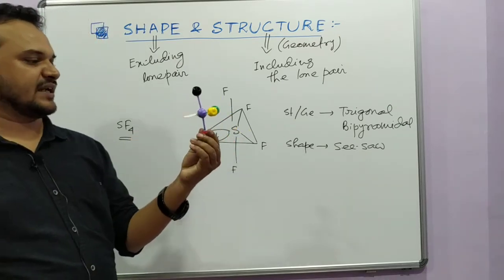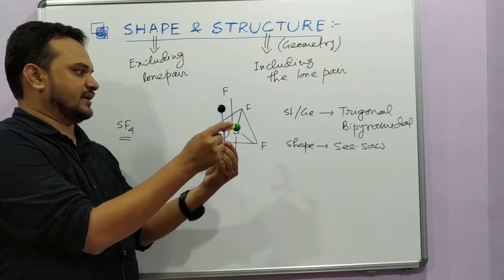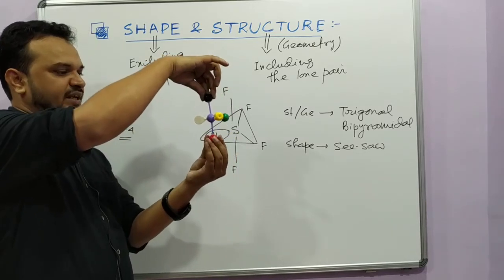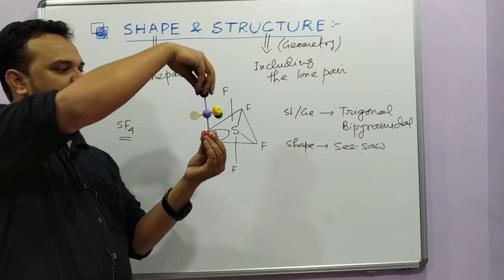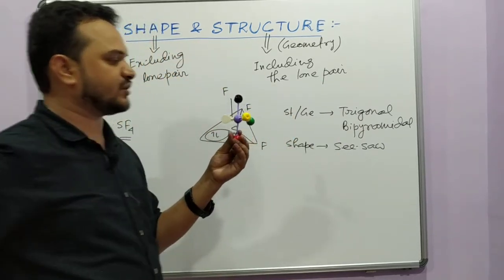It looks exactly like this. This is the lone pair, these 2 are the fluorines, and these 2 are the axial fluorines, right? So it is trigonal bipyramidal geometry. This is the trigonal plane and these 2 are the axial positions. So the structure or geometry is trigonal bipyramidal.